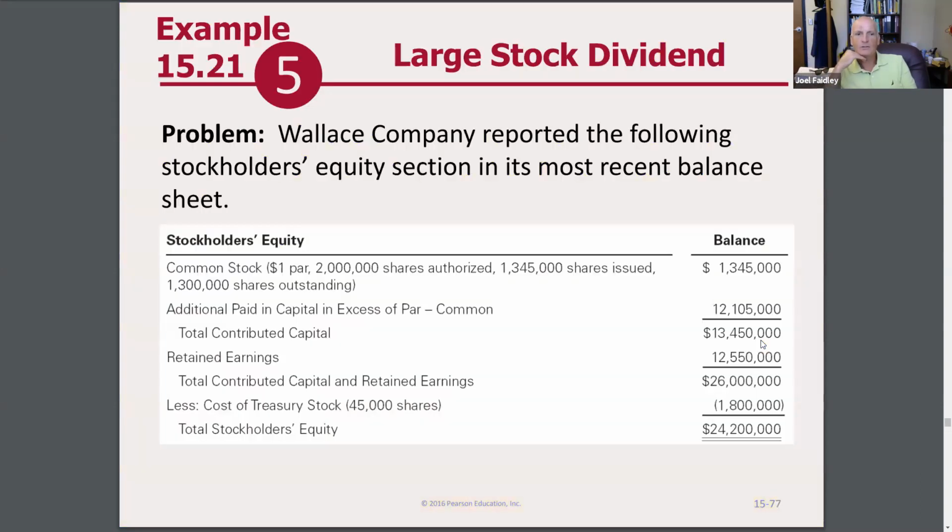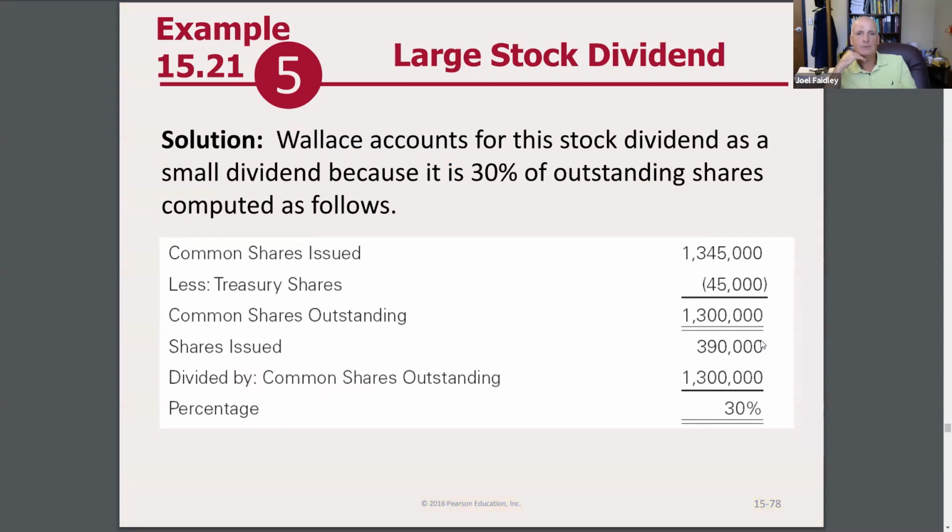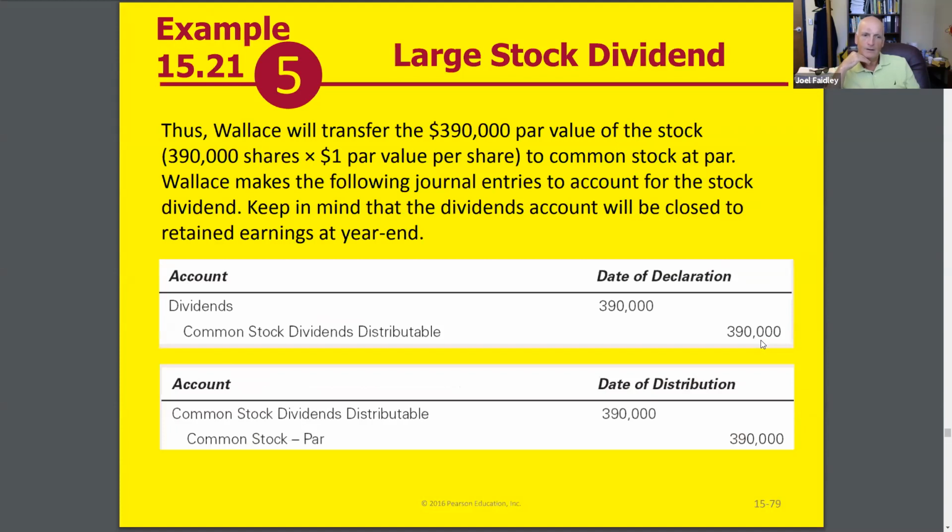All right, what if it's a large stock dividend? In this case, a 30% stock dividend. What's different? Well, you're still debiting dividends, like saying retained earnings, 390,000. Common stock dividend distributable, because since it's a large stock dividend, 30%, above that 20 to 25% level, we want to use the par value.